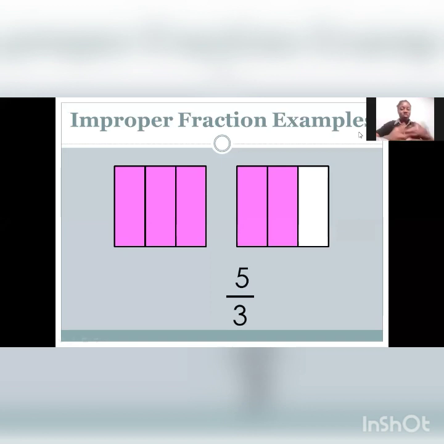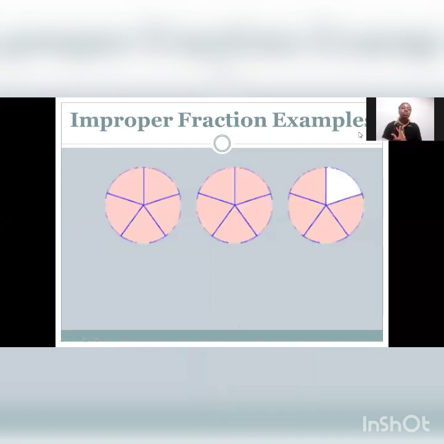Five over 3. Let's look at another example. We have 3 of the same shapes divided equally into 5 parts.